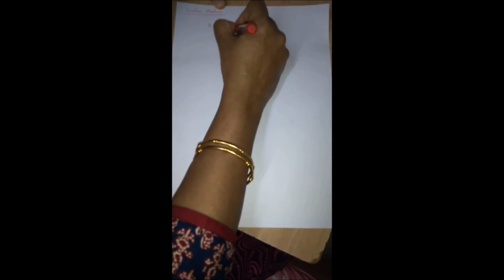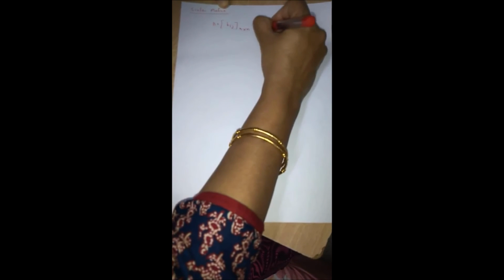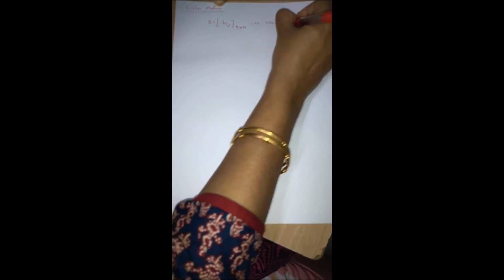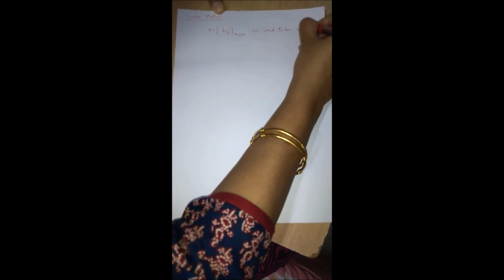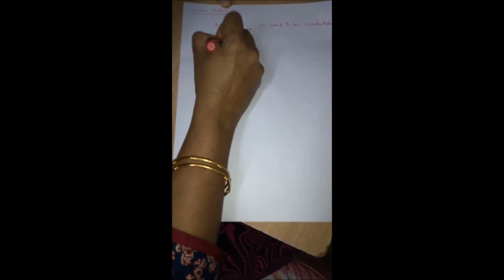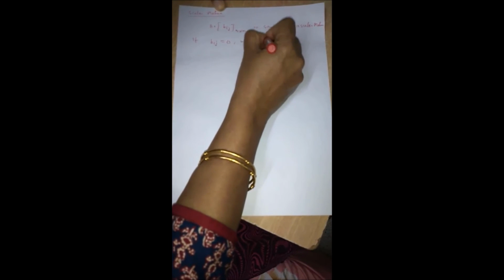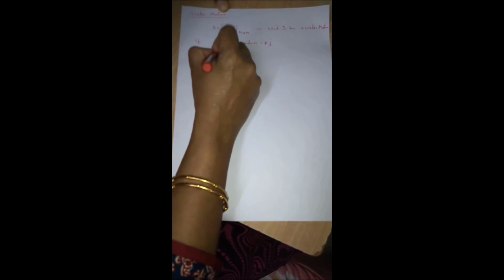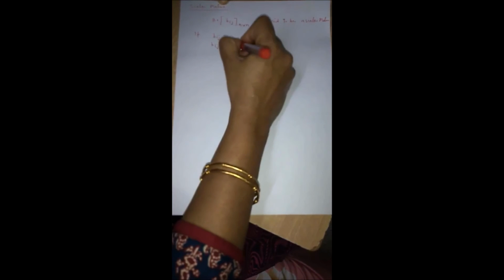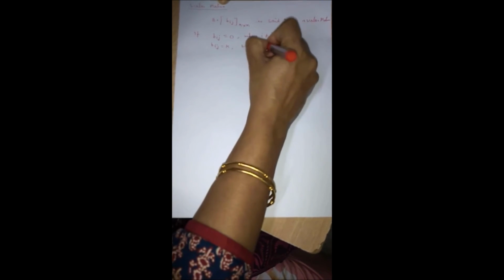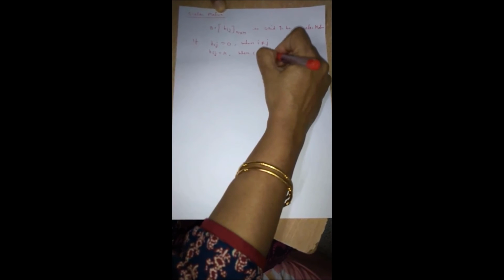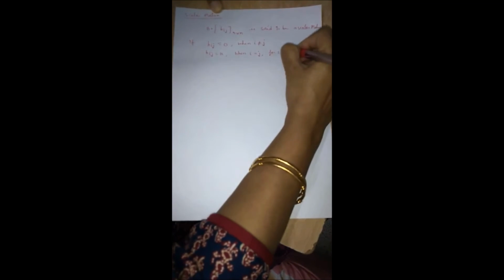That is, a square matrix B, Bij n cross n is said to be a scalar matrix if Bij equals 0 when i is not equal to j, and Bij equals k when i is equal to j for some constant k.